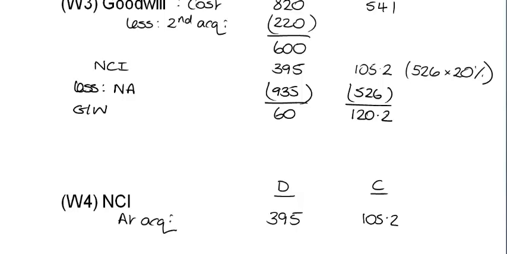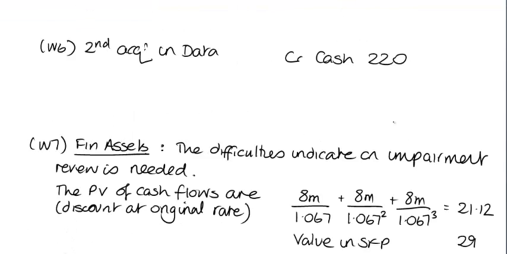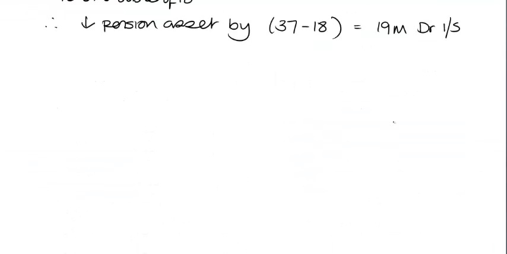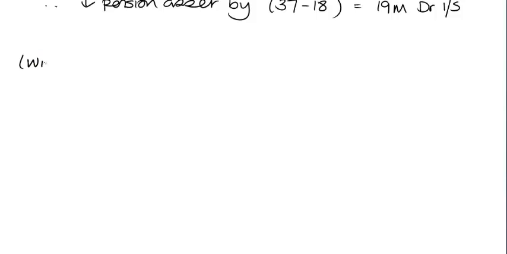I'm now going to go back to note 3, which is our goodwill impairment, and this is unpleasant. There's always an unpleasant twist in the exam on a few occasions. Goodwill impairment.